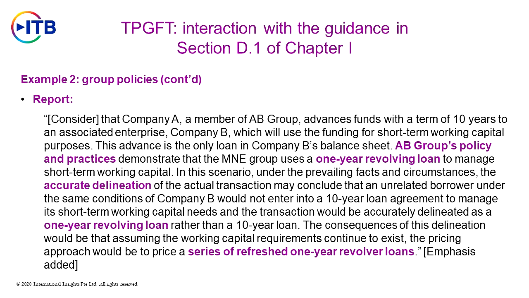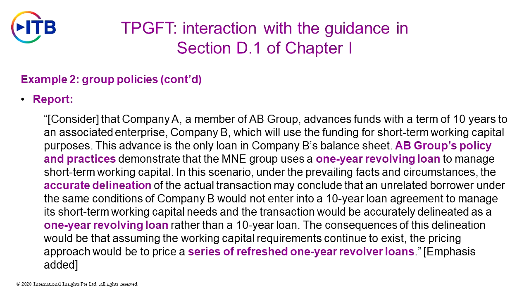In this scenario, under the prevailing facts and circumstances, the accurate delineation of the actual transaction may conclude that an unrelated borrower under the same conditions of Company B would not enter into a 10-year loan agreement to manage its short-term working capital needs, and the transaction would be accurately delineated as a 1-year revolving loan rather than a 10-year loan.